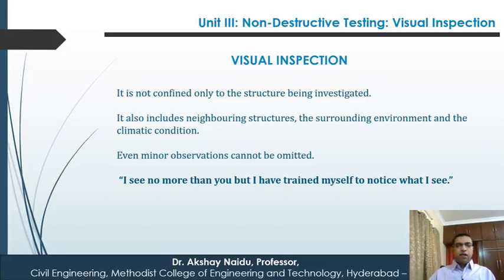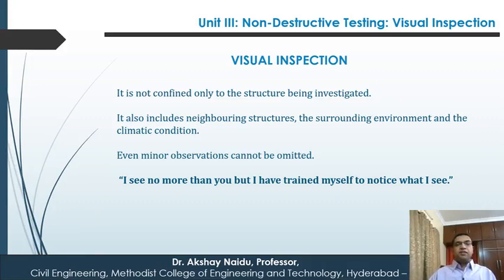So if for this building, there is some deterioration, a thoughtful visual inspector will come out of the building and also observe the neighboring buildings. If the pattern of deterioration is similar, then we can conclude that environmental effects and climatic effects are influencing this deterioration.